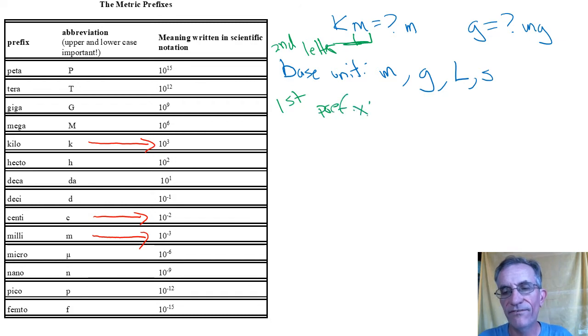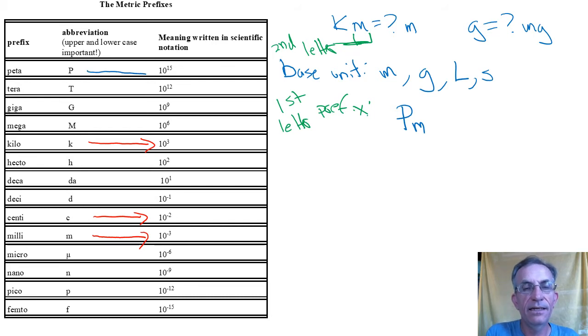So it might be something like capital P. If you see capital PM, that would stand for peta, and then M would be meters. This would be petameters.